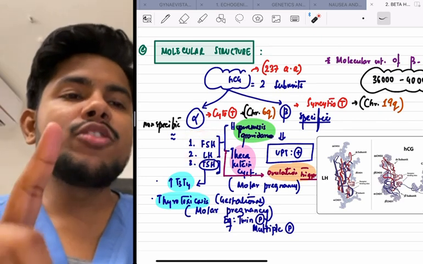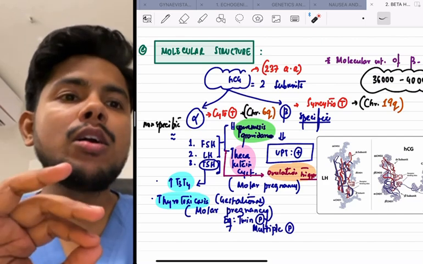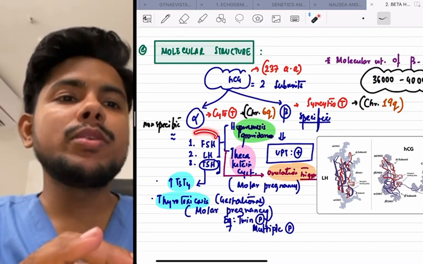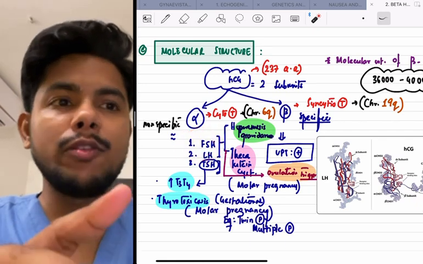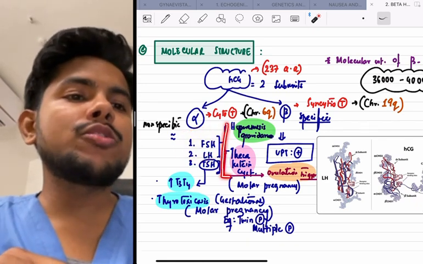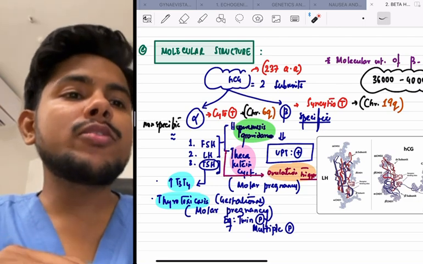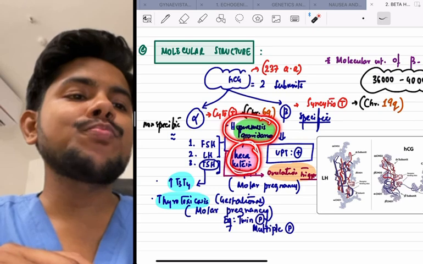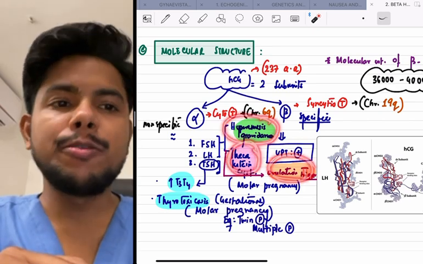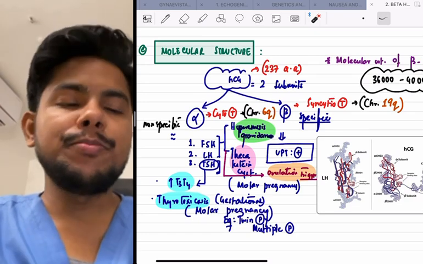Because the hCG has got structural similarity with the gonadotropins released from the anterior pituitary gland with subunit alpha, it has got 3 very important clinical implications. First, hyperemesis gravidarum, second, theca lutein cyst, and third, ovulation trigger. Let's go one by one.